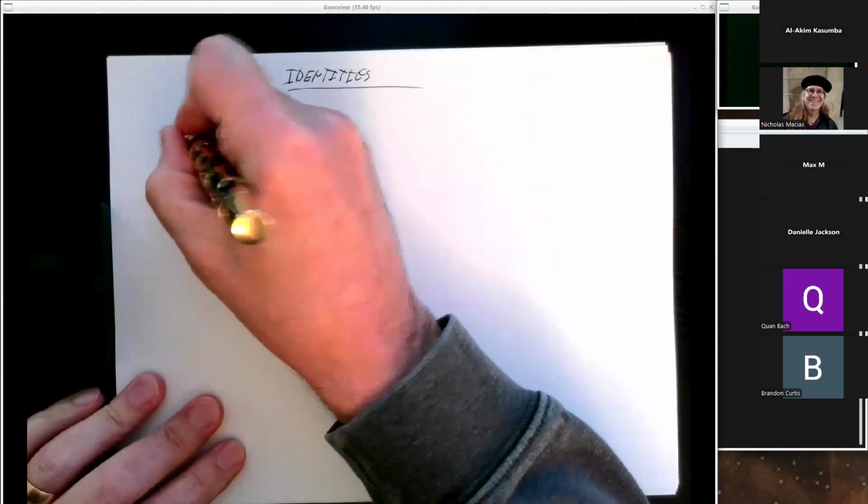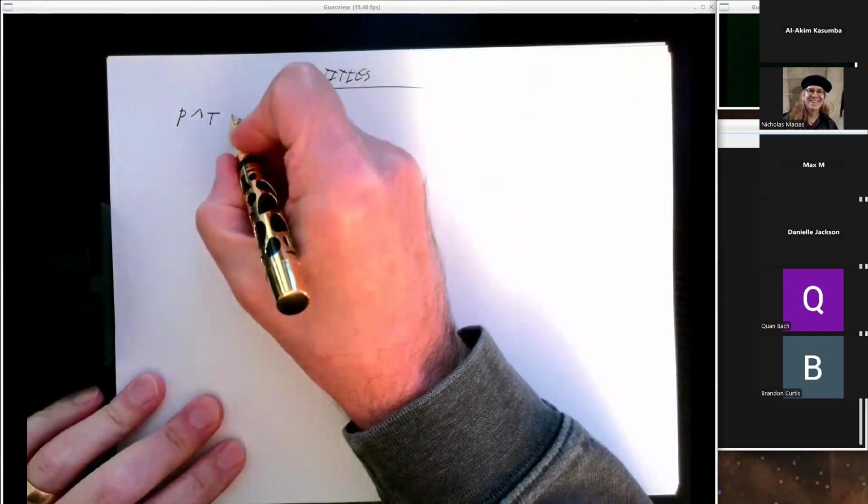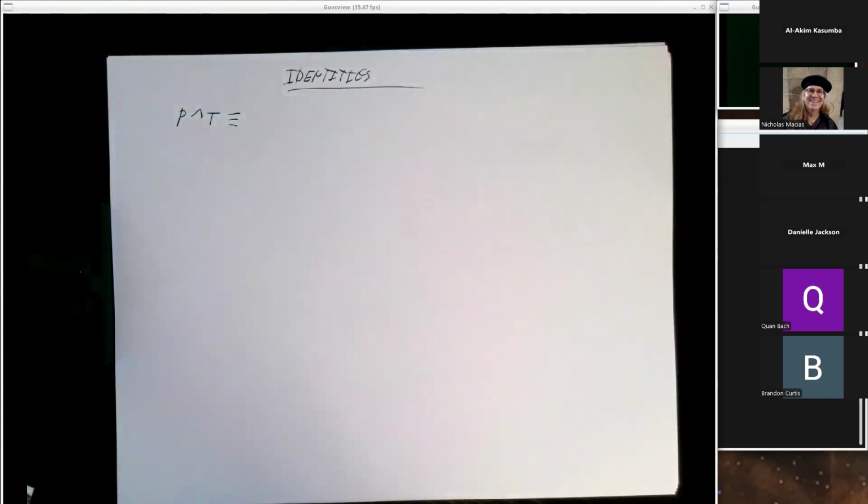So if I take P and I AND it with true, what do I end up with? So P is some proposition. What do I get if I AND P with true? P. You just get P.